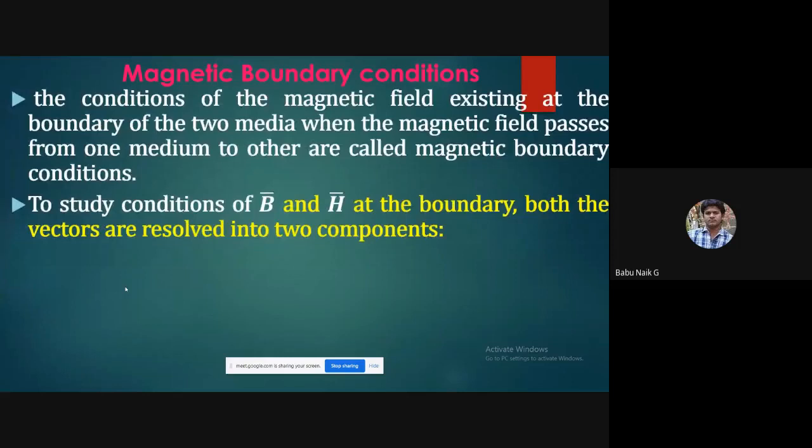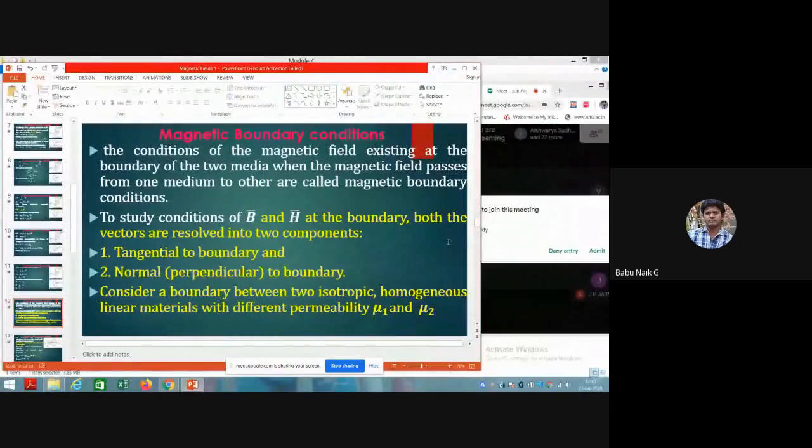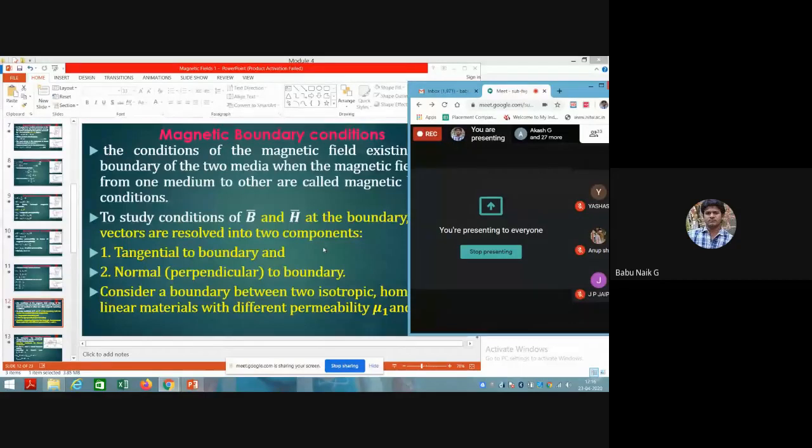Now today let us take one main concept, the boundary condition for magnetic fields. Similarly, we have seen in electrostatics the boundary condition region, when the field passes from one medium to the other medium. At that time we calculated the boundary conditions of electric field and electric flux density.